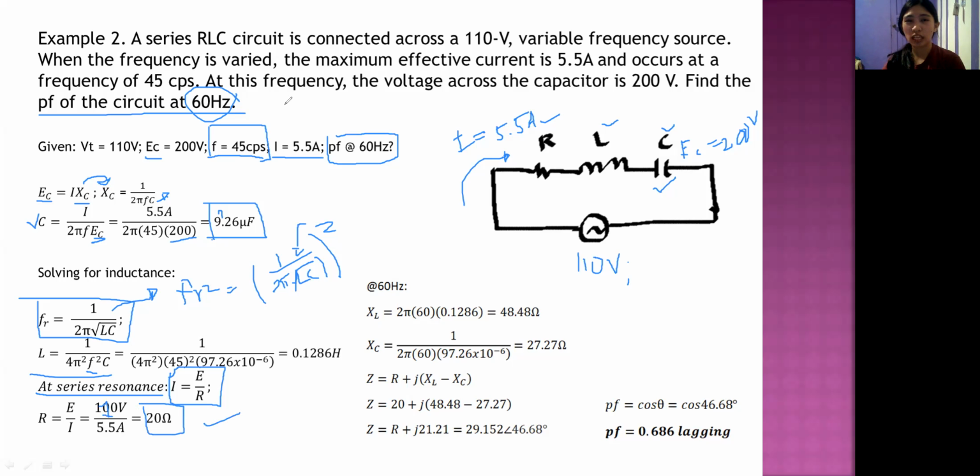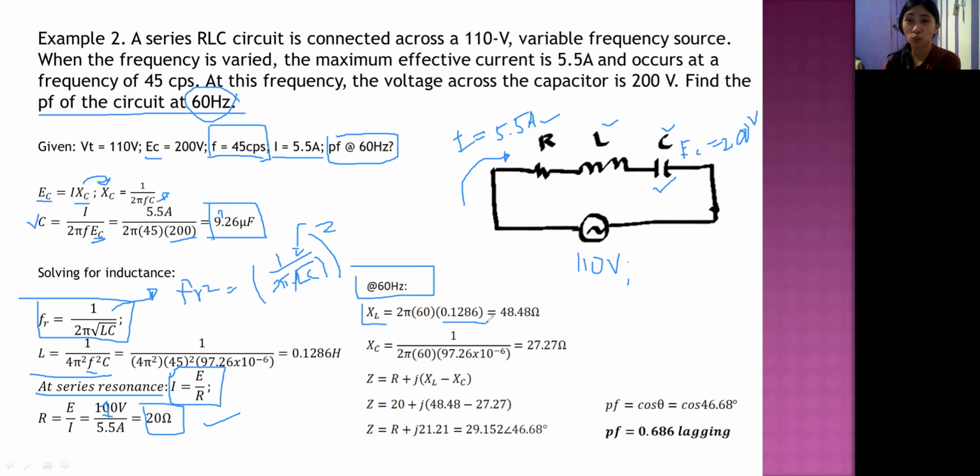So the power factor at 60 hertz. In calculating, to solve for the power factor, we'll have to solve first for the inductive reactance, which is 2 pi f L, which is 2 pi times 60 times the value of the inductance.